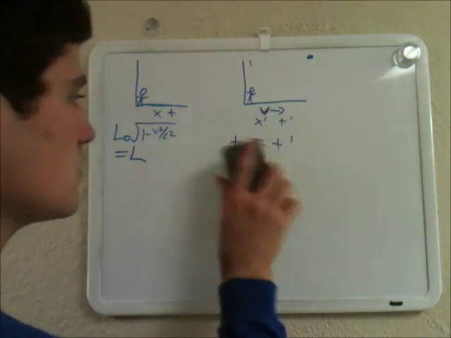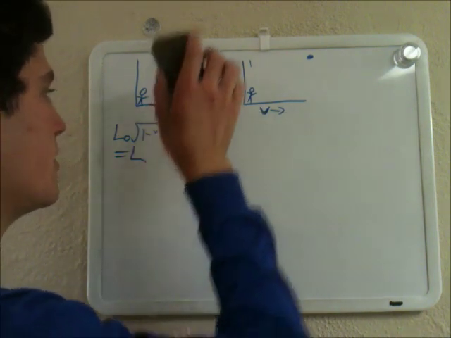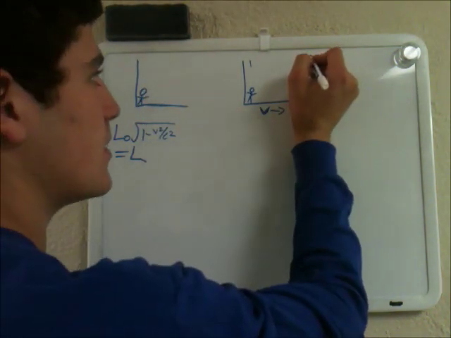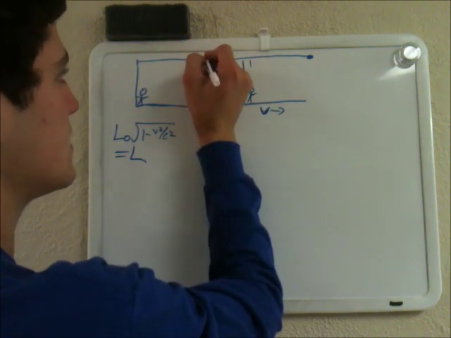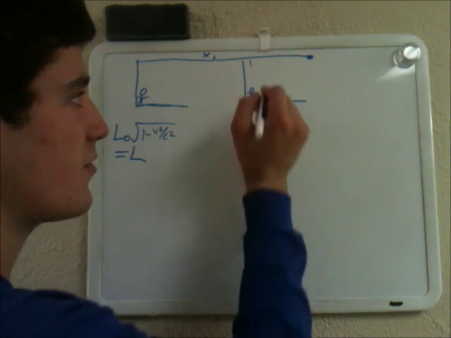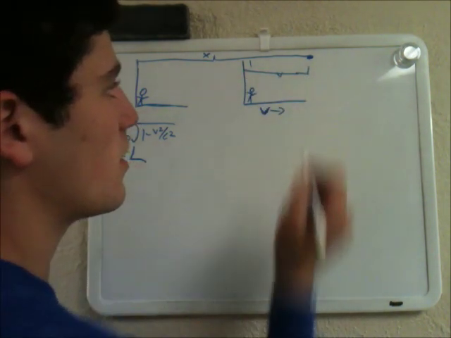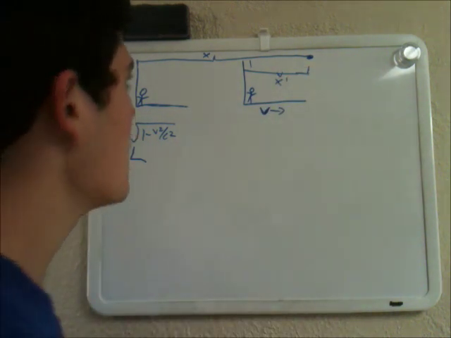Okay. So we say that the distance from the origin that the not prime person measured this event to be is going to be represented as x. The distance this person in the prime frame measures it to be from their reference frame is x prime, okay?